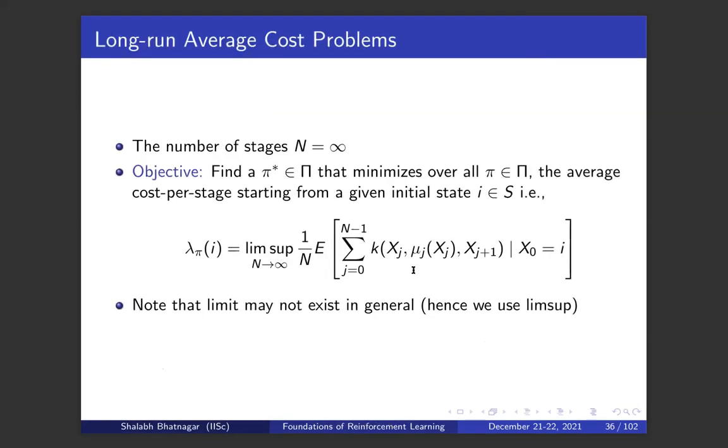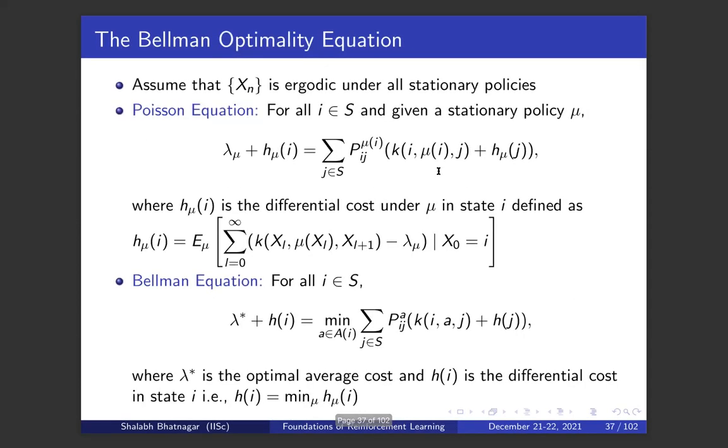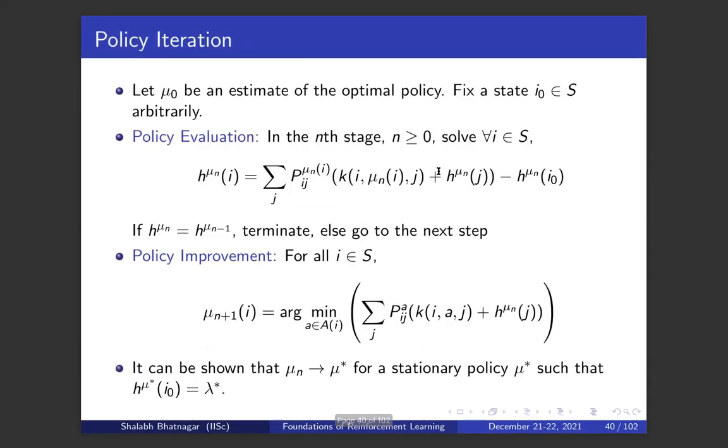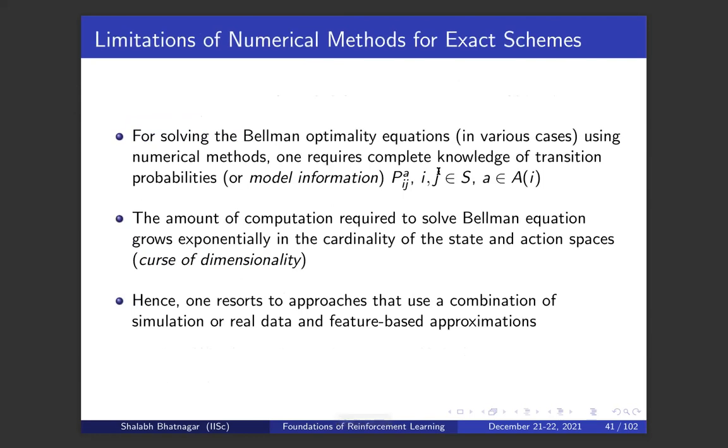Let me skip the long run average cost setting. I think we have run out of time. In any case, let me just tell you that there are these limitations of numerical methods or exact schemes.